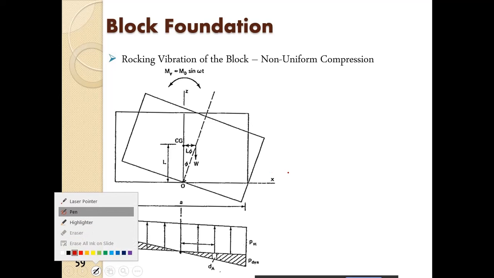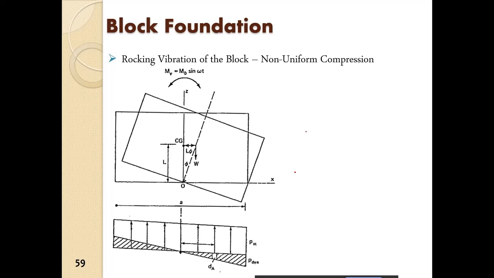Now we know C phi is the coefficient of elastic non-uniform compression. This is the area dA.